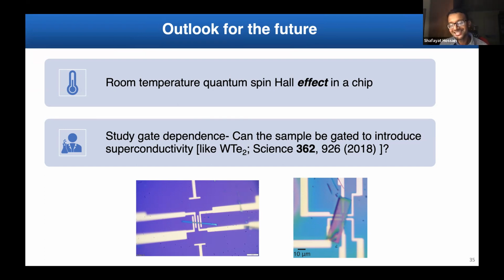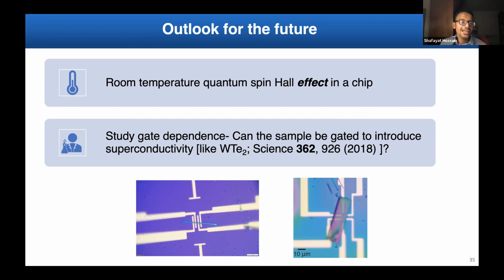And the last thing is the control over the Fermi level. We do not really know where the Fermi level is in an exfoliated flake. Then we have to gate them, of course. There is no other way for us.